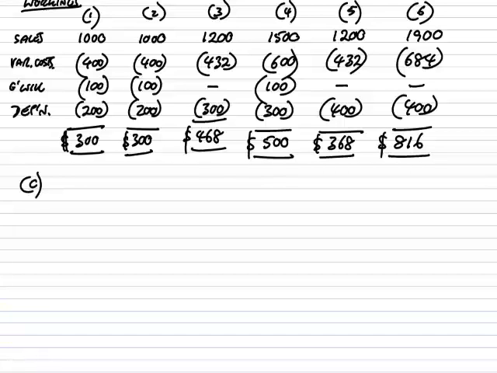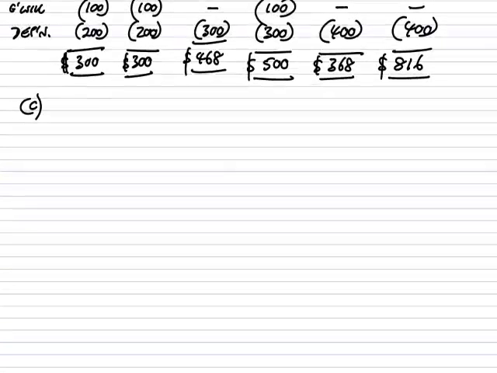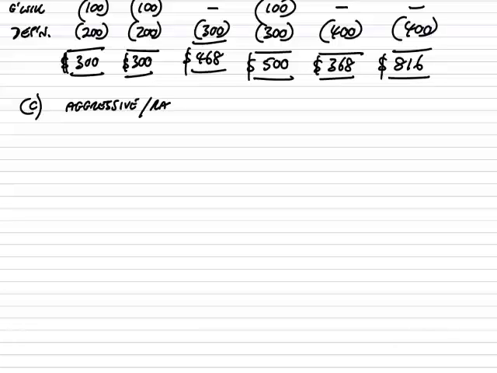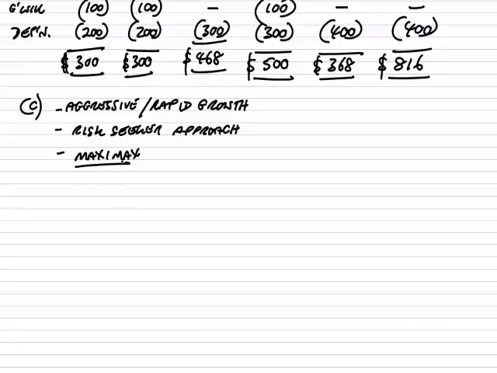So, what does it say? Taking into consideration the possible risk attitudes. Well, the first thing that's mentioned is that we were aggressive, or rapid growth. Well, that would suggest surely a risk seeker approach, which we mentioned in part A is a Maximax approach. And what would you do under Maximax?